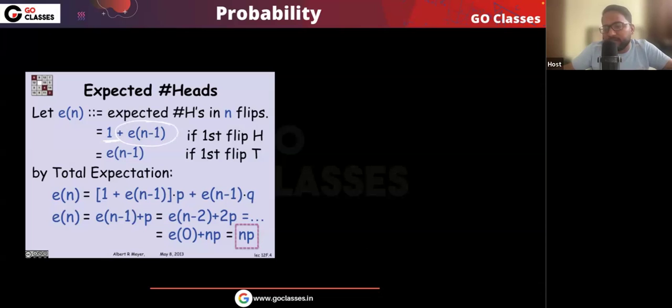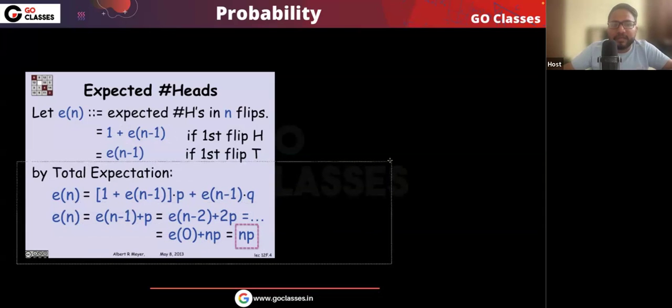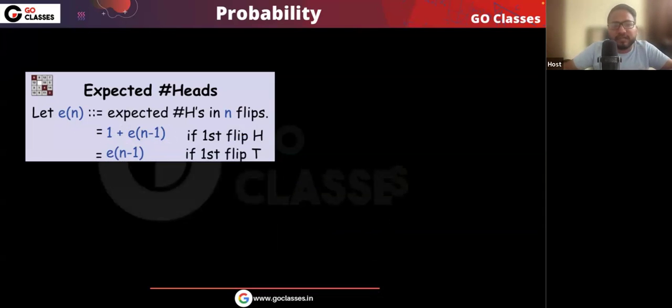If E_n is the expected number of heads in n flips, then E_{n-1} is the expected number of heads in n minus 1 flips. So if the first flip is head, then the total heads will be 1 plus whatever I get in the remaining flips. If the first flip is tail, then the total number of heads I will get is just E of n minus 1, right?